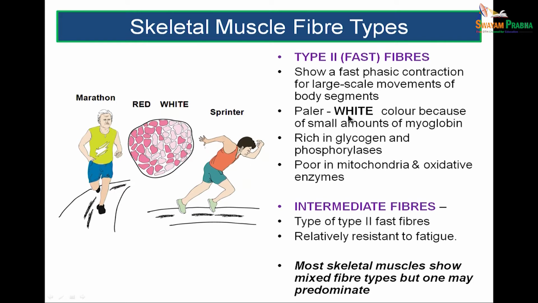They are paler and white because they have small amounts of myoglobin. You also get an intermediate type of fiber which is a type 2 fast fiber but not so fatigable. And normally muscles are not only red or only white but a combination of red and white fibers, some having more red and some having more white.